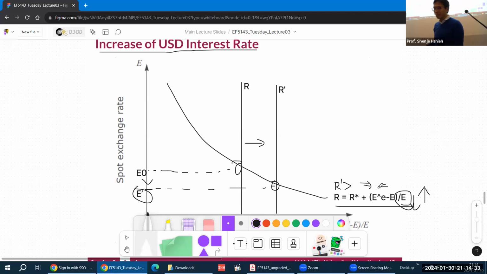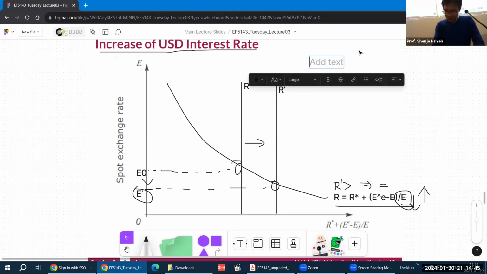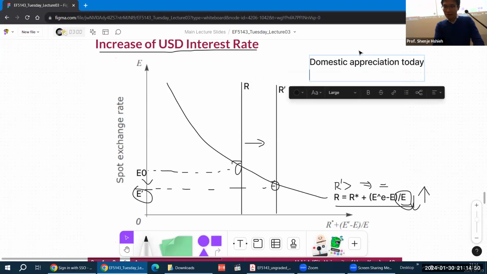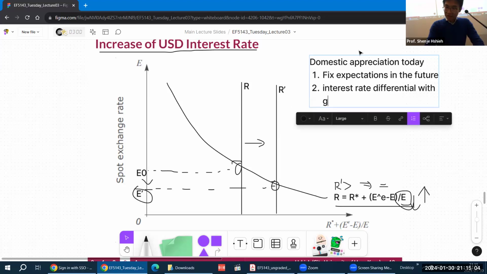Think about what carry traders do, how it impacts the spot rate today because of the carry trading. And the third way is to just walk through the equilibrium economic arguments. So domestic appreciation today, why? So fixed expectations in the future, that's the first step. Step two, notice that the interest rate differential with greater returns on the domestic currency.